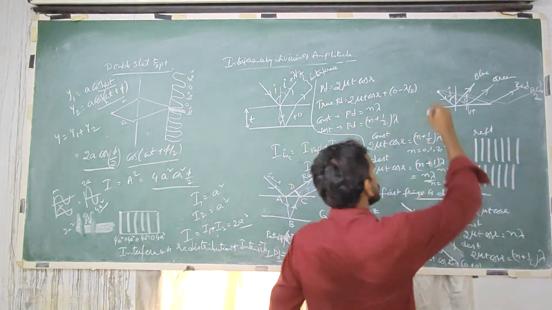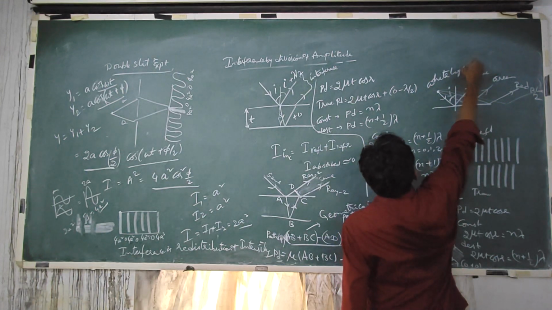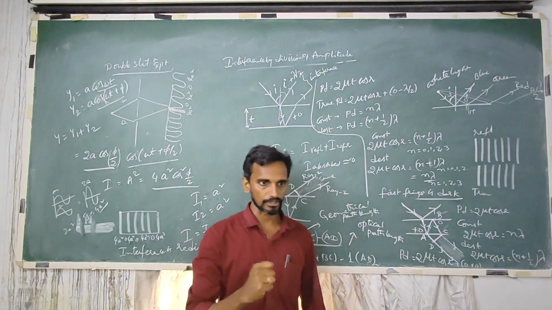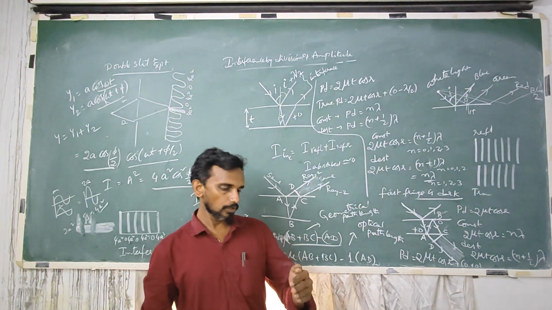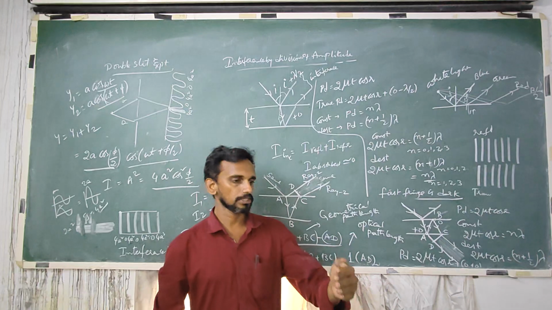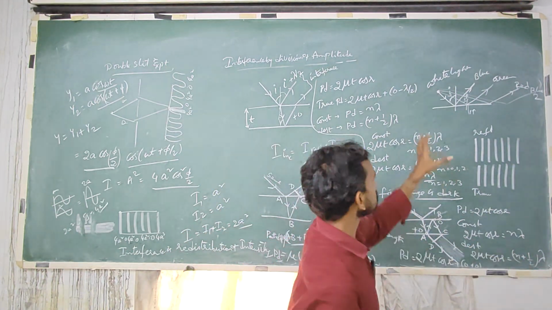So that is how, if you use white light, different locations of the film will be visible with different colors. So at some point you may get constructive condition for blue, next level green, next level red, like that the pattern continues.